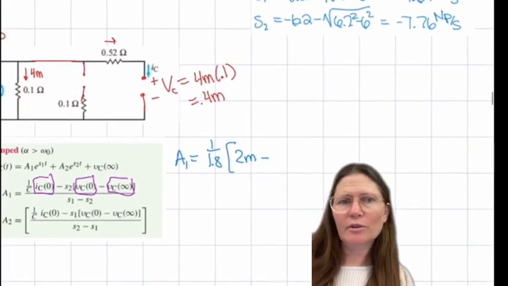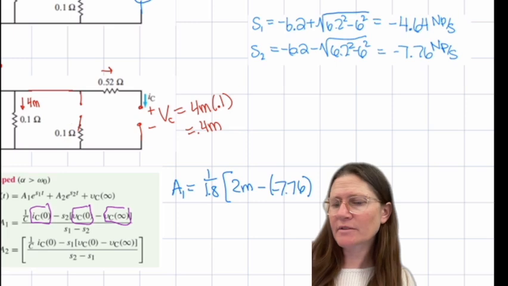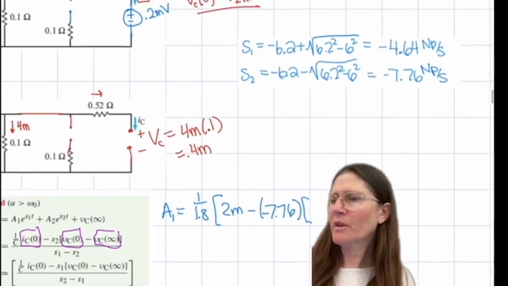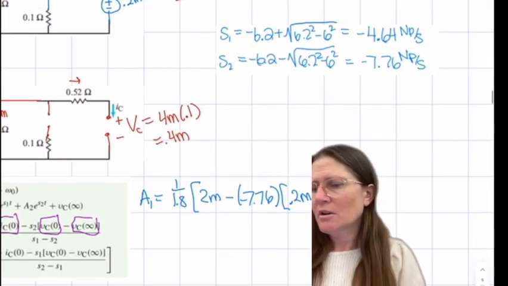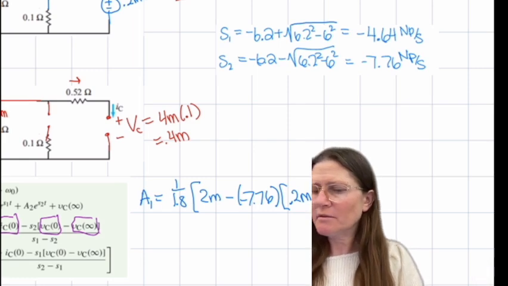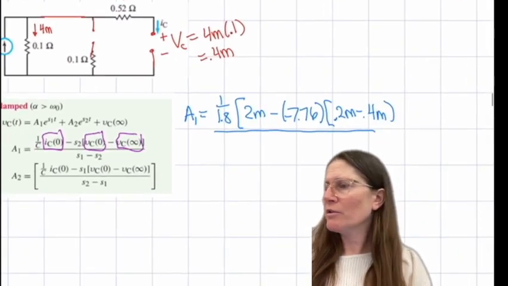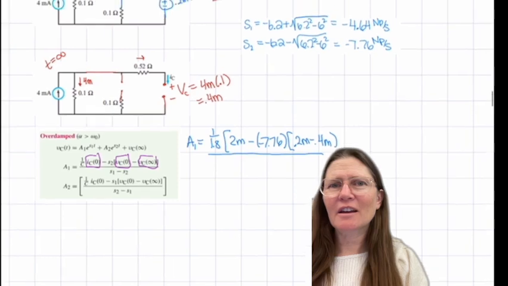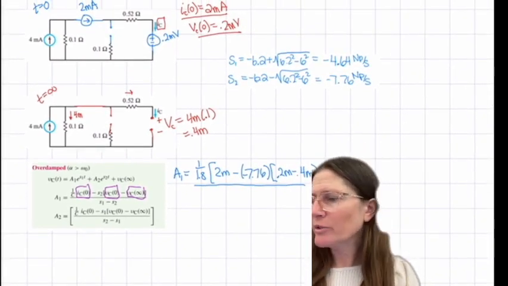So S2 is minus 7.76, and then VC0 is 0.2 milli minus 0.4 milli, all over S1 minus S2.